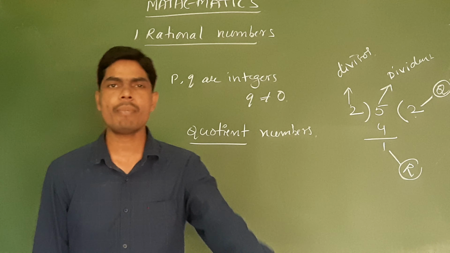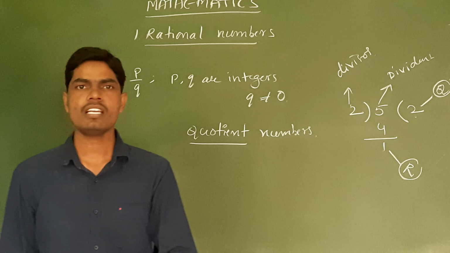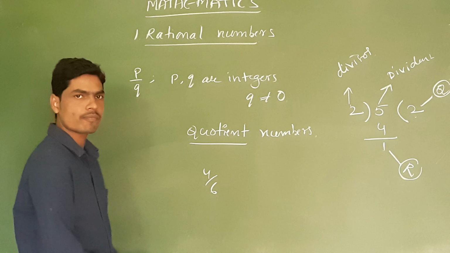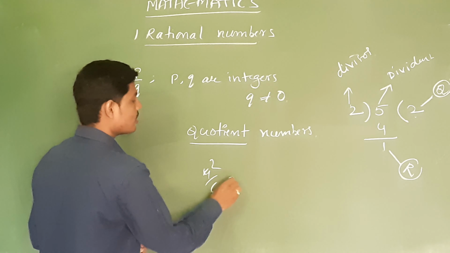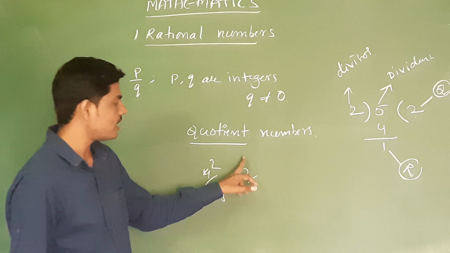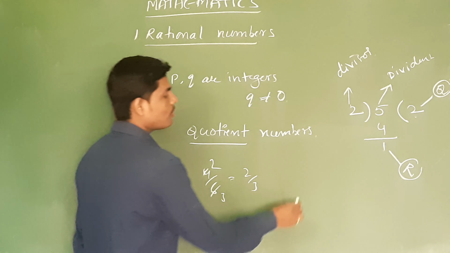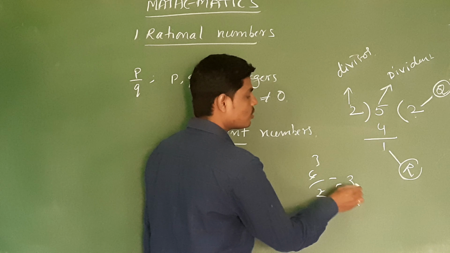If you divide a number with another number, that is a numerator with a denominator, definitely you will get a solution. For example, 4 by 6: after dividing you get 2 by 3. For example, 6 divided by 2, you get solution 3.